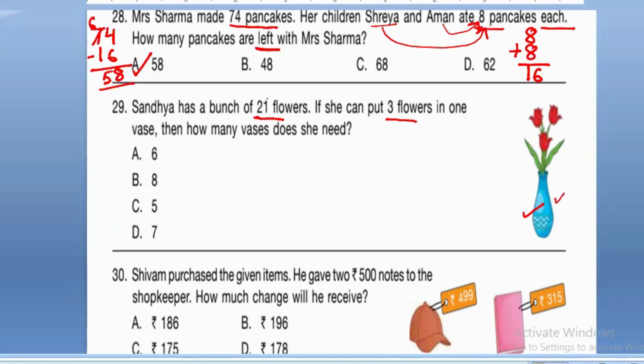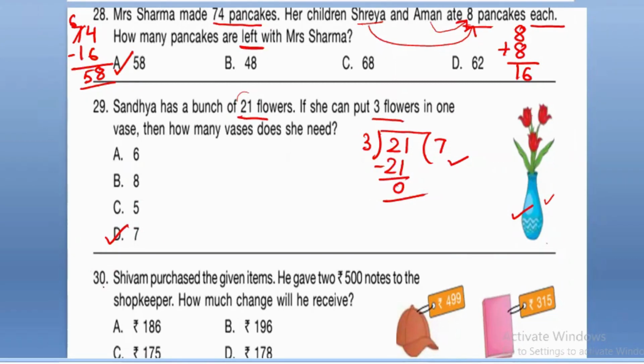So for this again we need to divide 21 by 3. How many times is 3 there in 21 in the table of 3? 7 times. So the answer will be 7. Understood? So this is option D, so that's why option D is the correct answer.